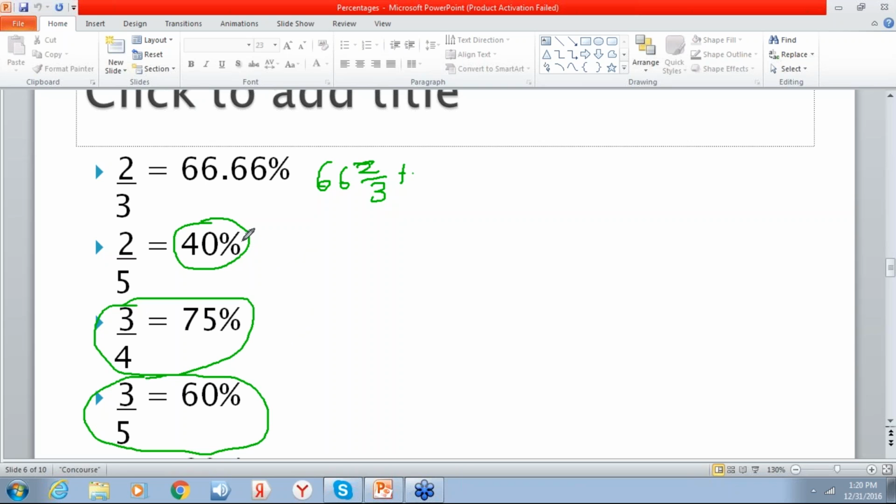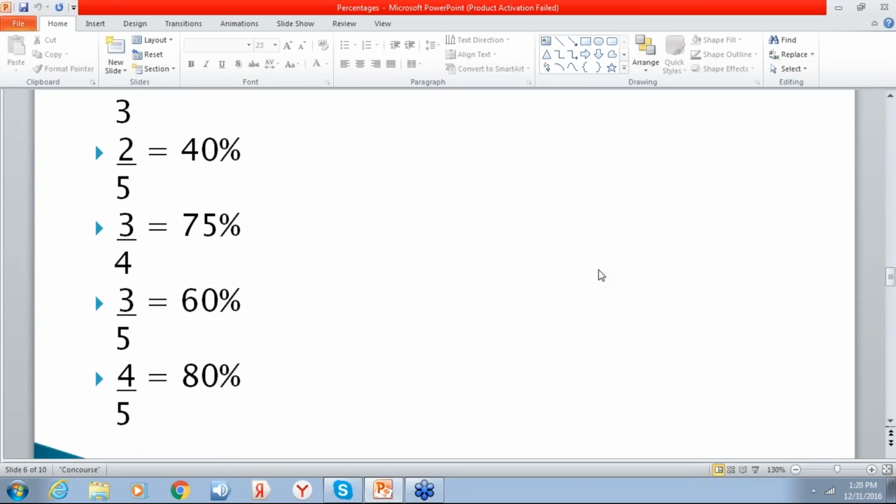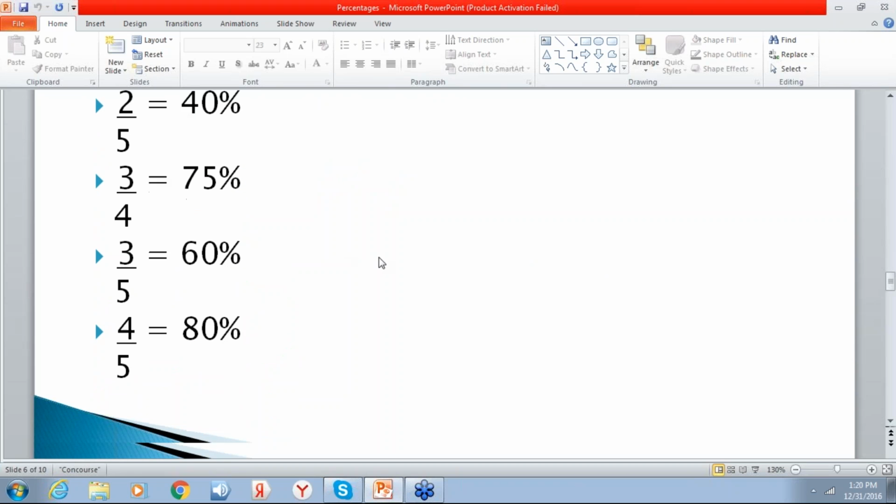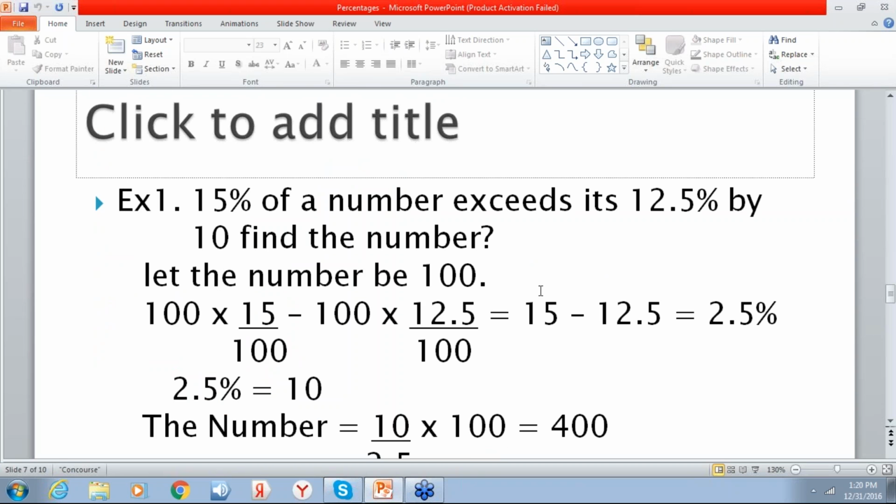Let's try to remember these fractions. This will help you in solving the questions as quickly as possible. And 4/5 is equal to 80%. Let us discuss some questions.